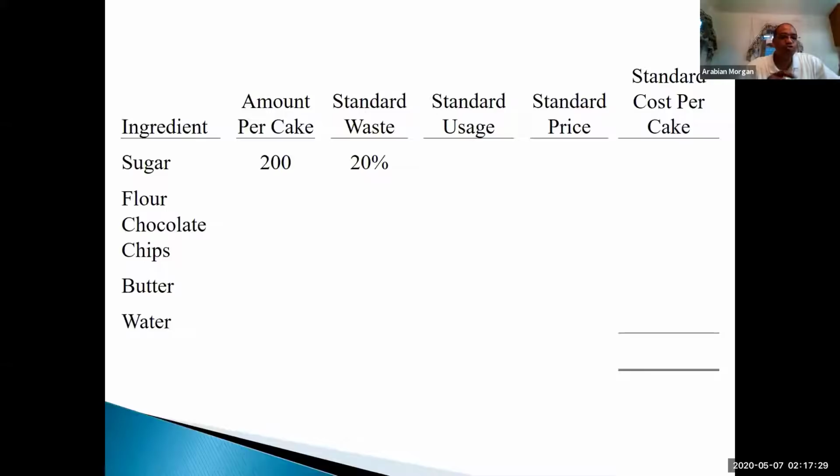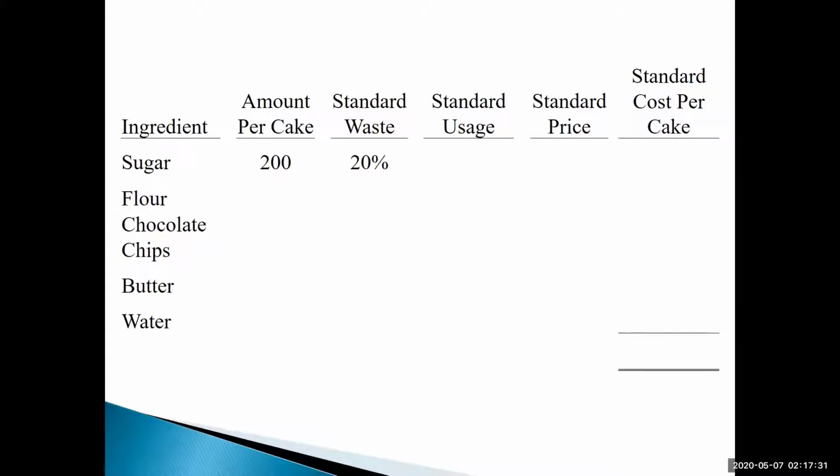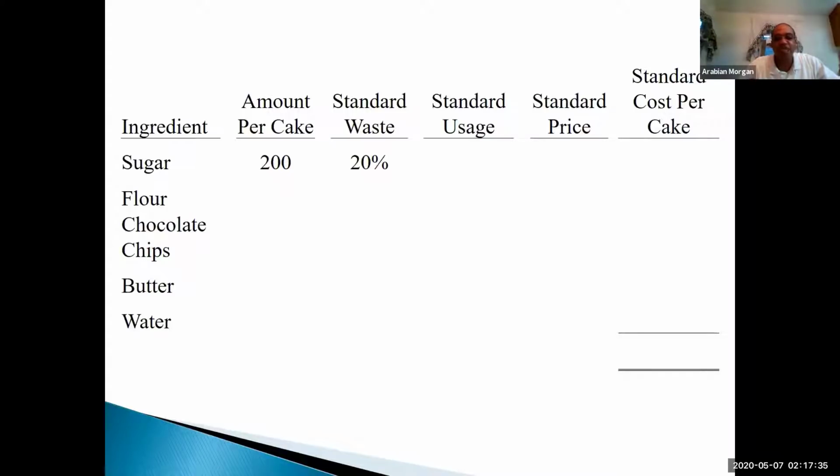Okay, so 240 times 0.20 is 48. If you take 240 and subtract 48, you don't get 200. So your answer cannot be 240.